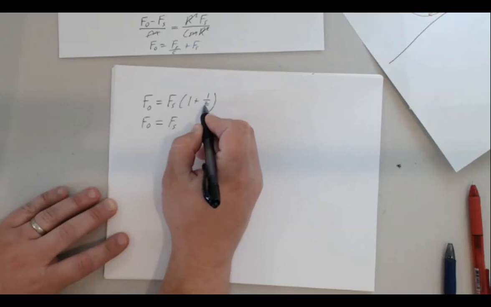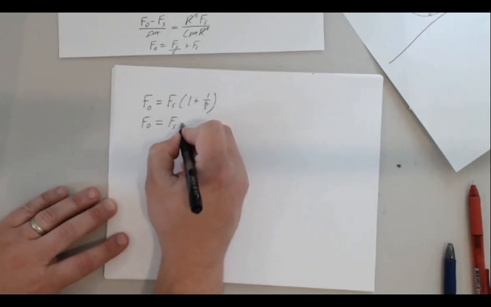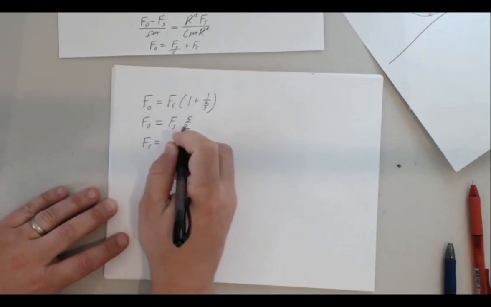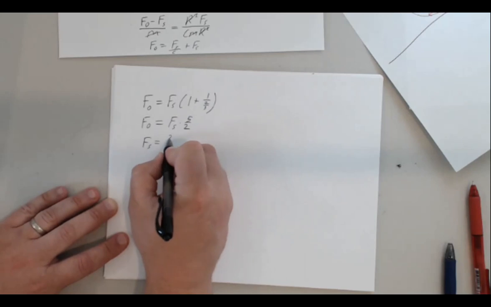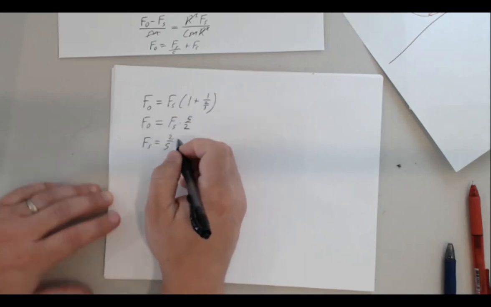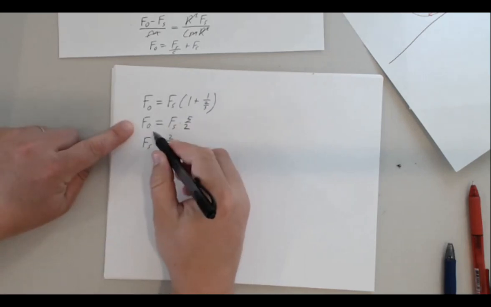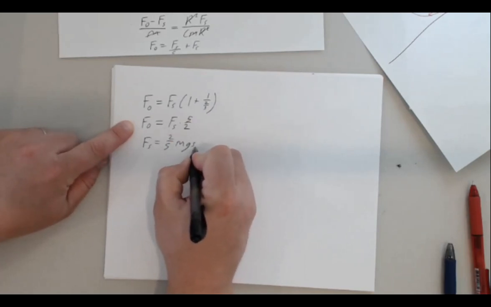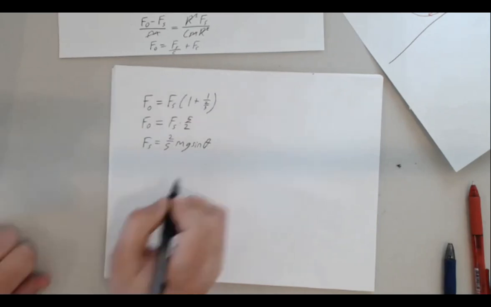Yep, because we just put the 3 up here, we get 3/2. 1 plus 3/2 is 5/2. So this is just times 5/2, which means I know what our static friction force had to be. It had to be 2/5 of my other force, the one going downhill, which is just mg sine theta.